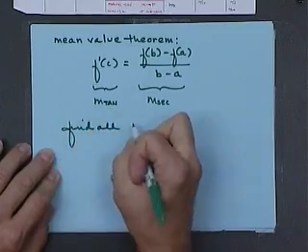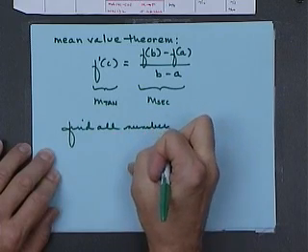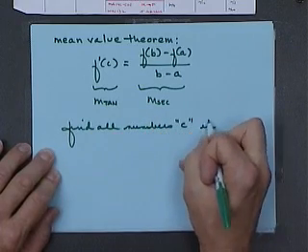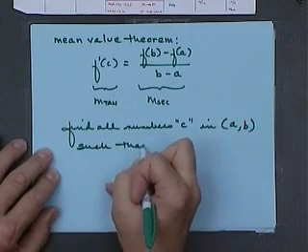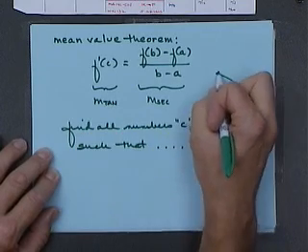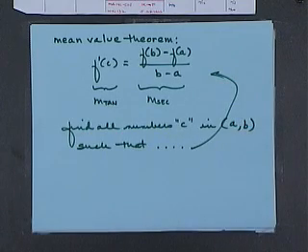But if it does, find all numbers c in the open interval such that that is true. There might be multiple c values, but if the hypotheses are met, the theorem guarantees at least one c value.